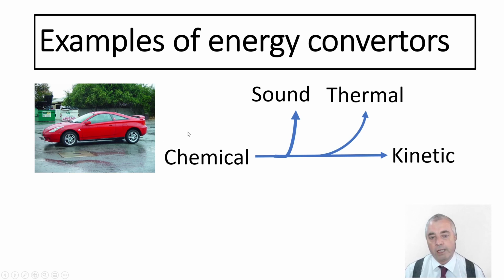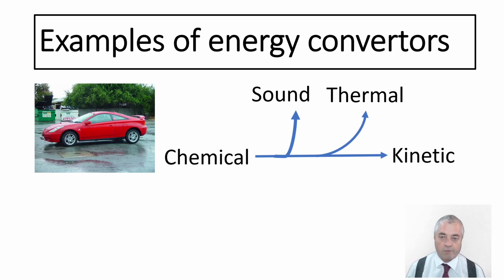We have the energy going in, we've got the useful energy coming out, and then the energy that's not useful we have going up vertically, or sometimes you see a diagram where they go down instead, but they're being deflected from the kinetic energy. So that's what happens in a car.